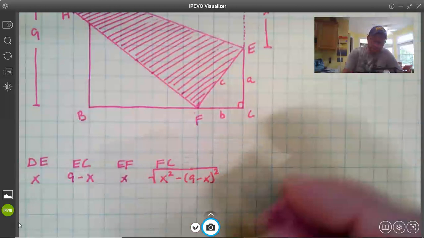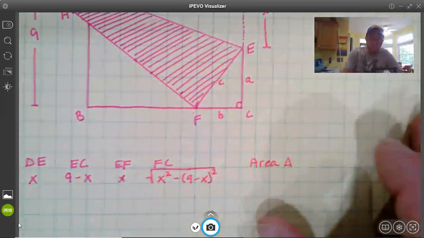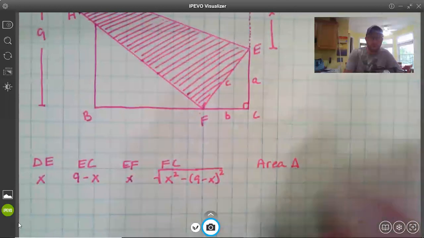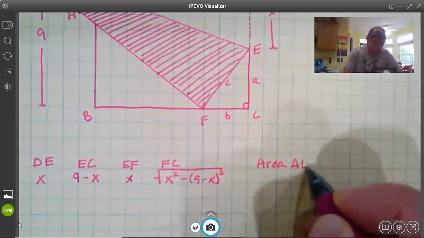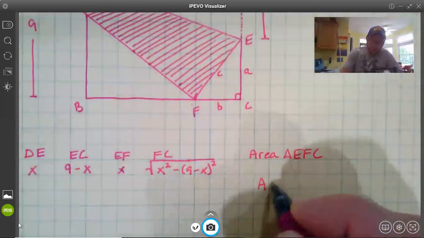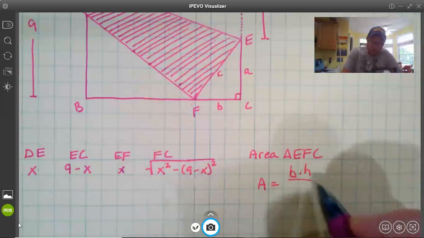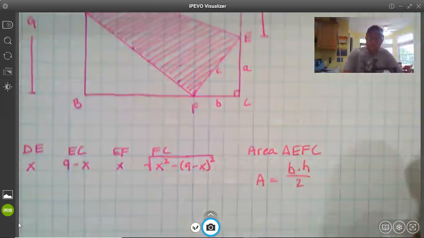So in the area of triangle EFC, the formula for area is area equals base times height divided by 2.